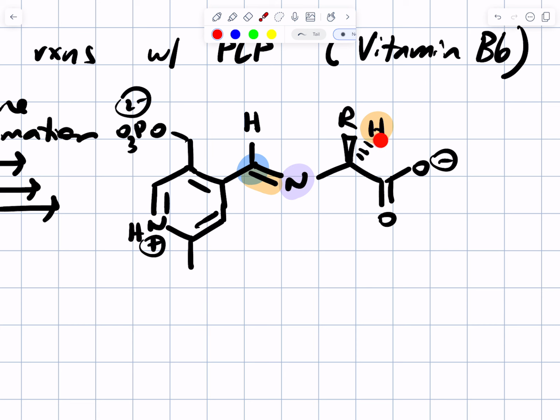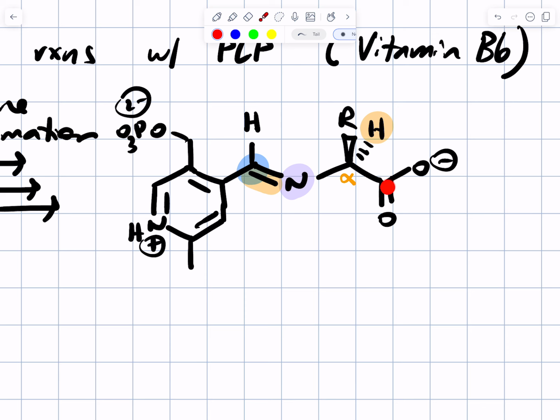If you look at this hydrogen that I've highlighted here, it is on a carbon that is alpha to this carboxylate group. It's adjacent to the carbon-oxygen pi bond, but on the other side, it's also adjacent to a carbon-nitrogen pi bond. You could imagine that if we removed that proton, the negative charge that would be left in its place would be resonance stabilized in two different directions, right?